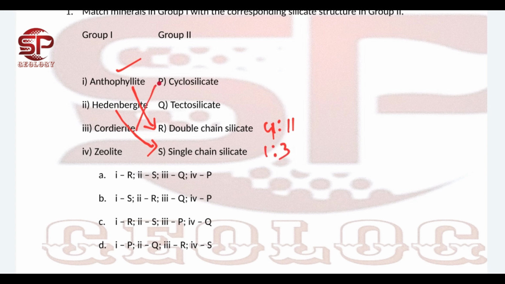And cordierite belongs to cyclosilicate, which also has a 1:3 silicon oxygen ratio. Zeolite belongs to tectosilicate, which is 1:2. So first will be R, second will be S, third will be P, fourth will be V. So answer C.